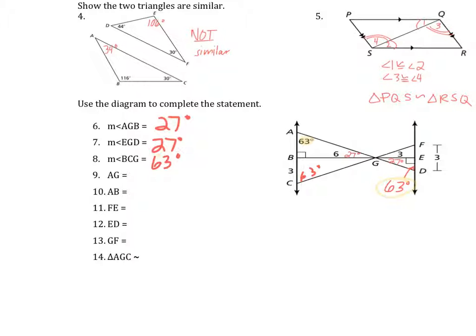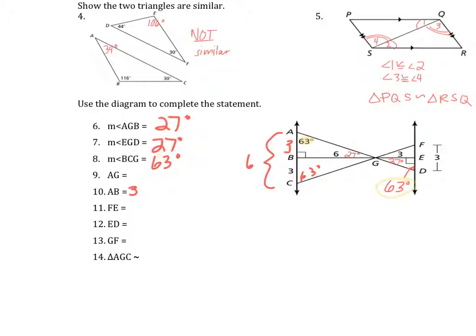Next one on your list is AG. We'll get to that in a second. We know these two triangles are similar. The altitudes here go from 3 to 6, so they're multiplying by 2. So if this side is also 3, what is this one? 6. So this entire side is 6, which means that this section, AB, is 3.